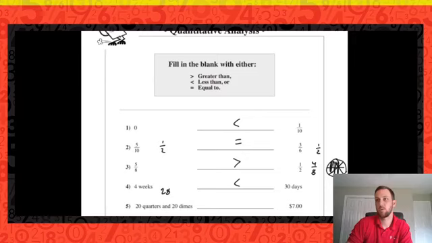How much money is 20 quarters? Very good.